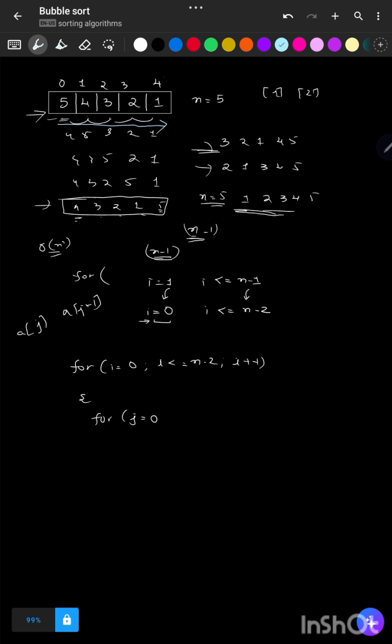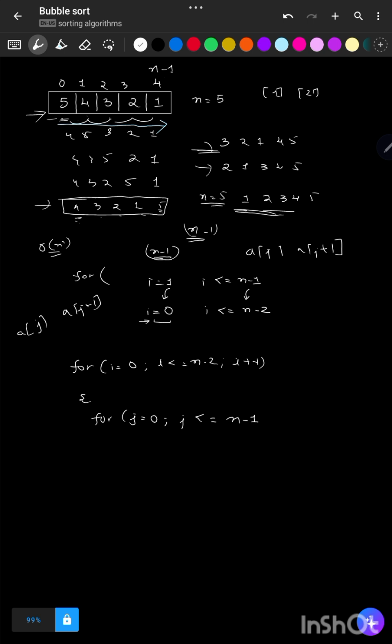Hence we start from 0 and we stop at which index? If I say that we stop at n minus 1 with index, that is I write that j is less than or equal to n minus 1, that means that I should compare a of j and a of j plus 1, which is a of n minus 1 and a of n.